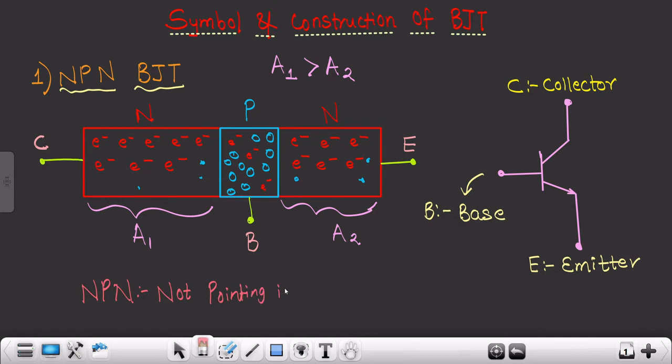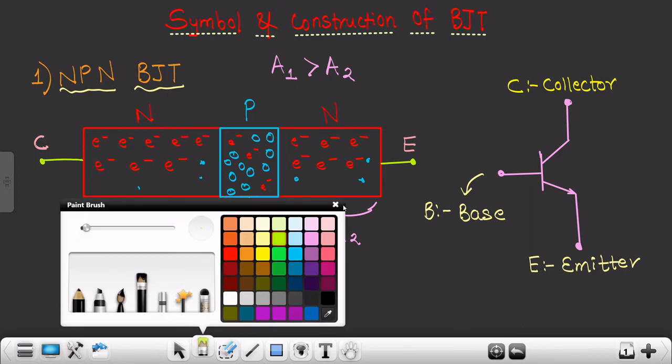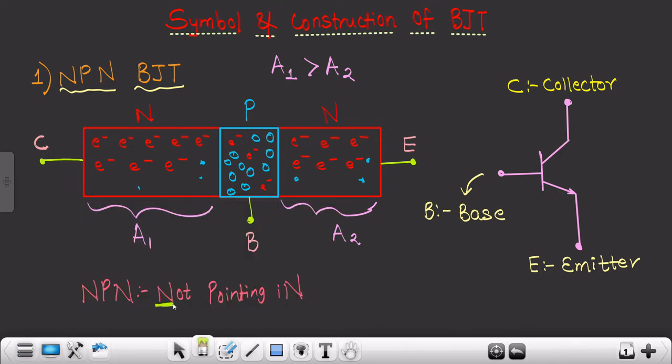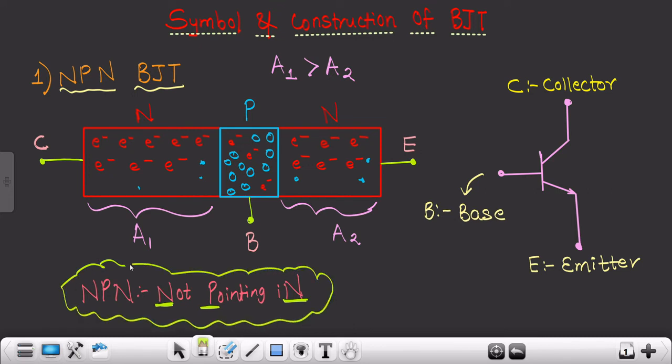As such, there isn't any reason for it, but this actually helps students to remember things. So students could remember this particular thing, and that's why they target this point. NPN is also known as not pointing in. As you can see, the arrow is not pointing in, it is coming out of this transistor, or basically it is approaching towards the emitter electrode, right?